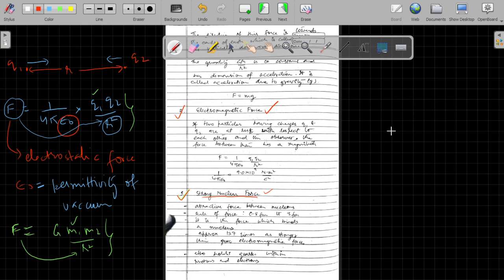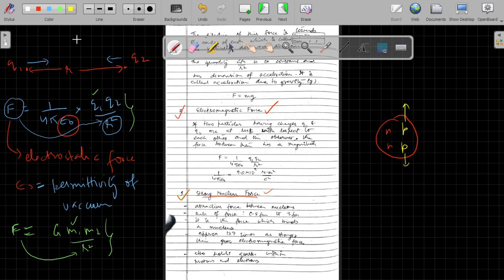Nuclear force acts within the nucleus. Let's say this red part represents the nucleus, and within the nucleus you have some neutrons and some protons. The protons would be repelling each other with some electrostatic force. So what is keeping them bound inside the nucleus?